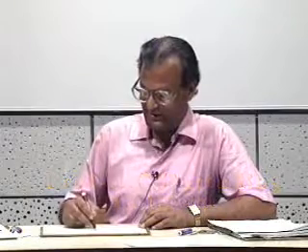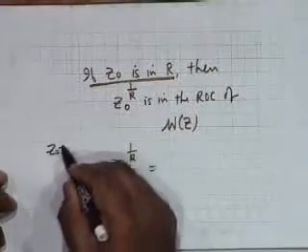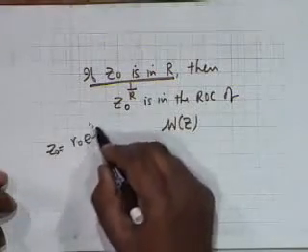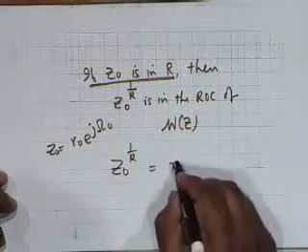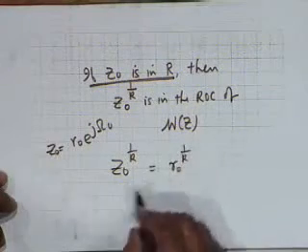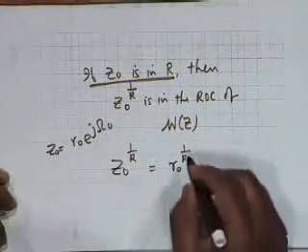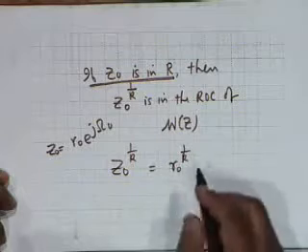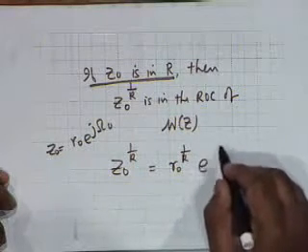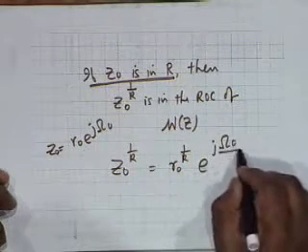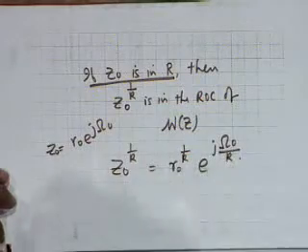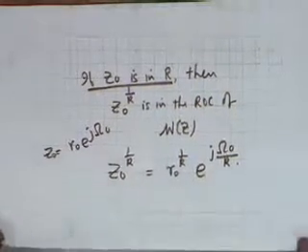It means if z0 is r0 e to the power j omega naught, then the distance from the origin of the new point would be r0 to the power 1 by k, and its angle will also be reduced by the factor k. Alright, that is all that it means.